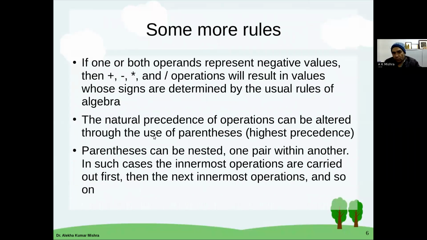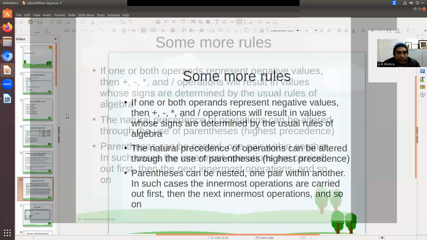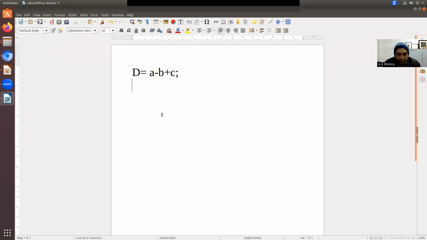Some more rules: when we have operands with negative values, the normal rule of algebra is applied. That means if I have an expression like A equal to 15 plus minus 35, where I clearly show that it's a negative value, the normal algebra rule is applied.